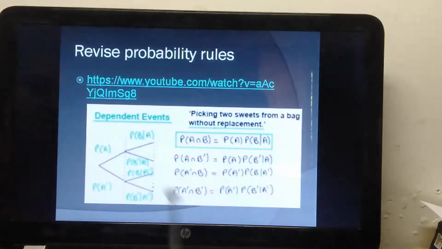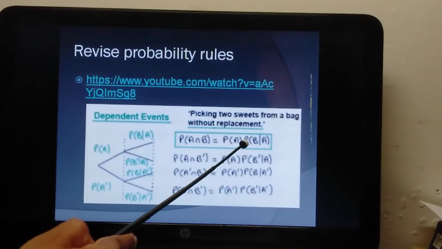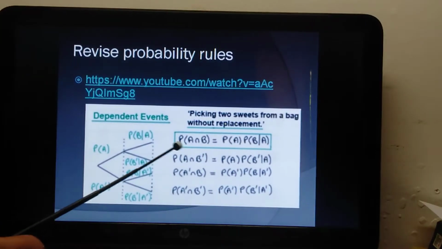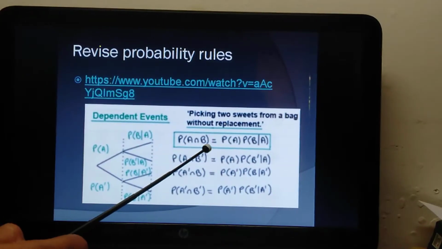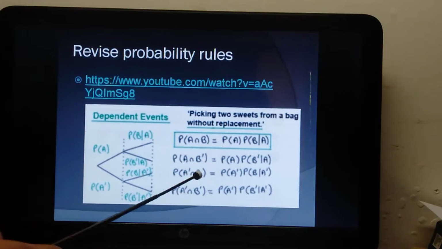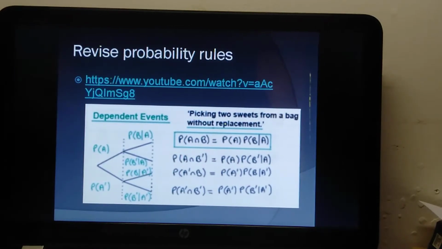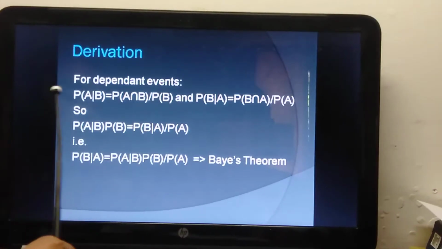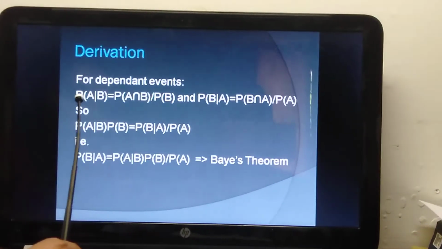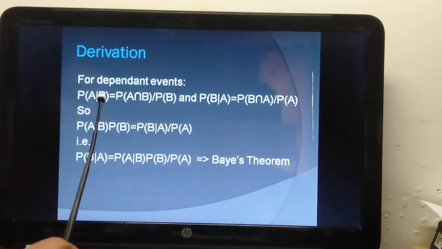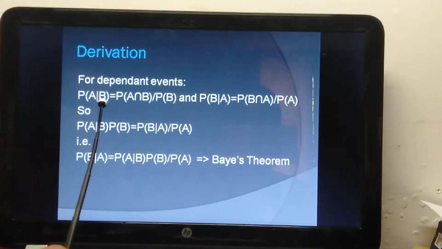Look at this over here. Probability of B given A is equal to the probability of A intersection B divided by probability of the first event. So that's the same thing that's happening over here. Probability of A given B is equal to probability of A intersection B divided by the probability of B.